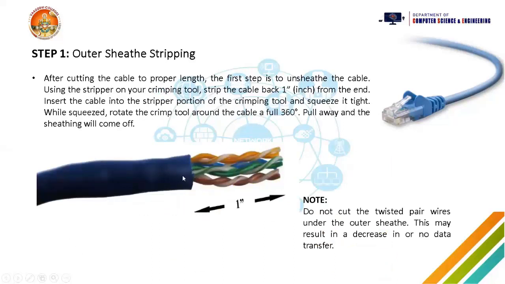When you're rotating it, automatically this outer layer will be shelling off, and then you'll find the cables. First check whether there is any cut on these cables, because if there is any cut, then that will create sound disturbance and you will have a network problem. So if you find any cuts on the wire, it is advisable to cut all four wires to the same height.